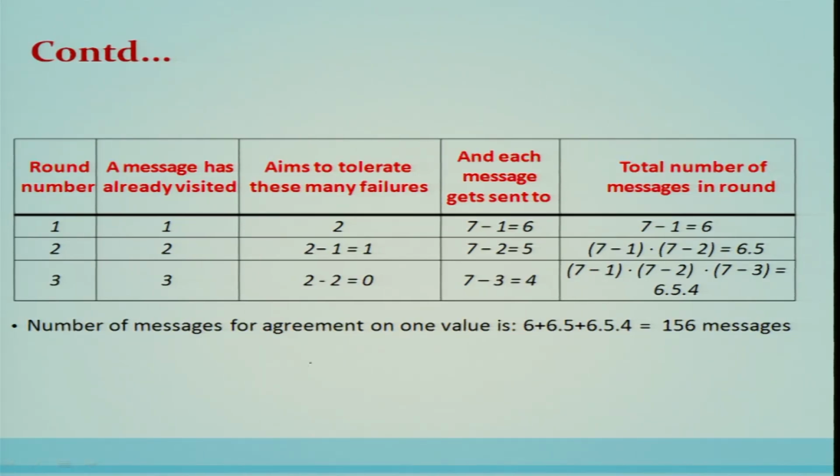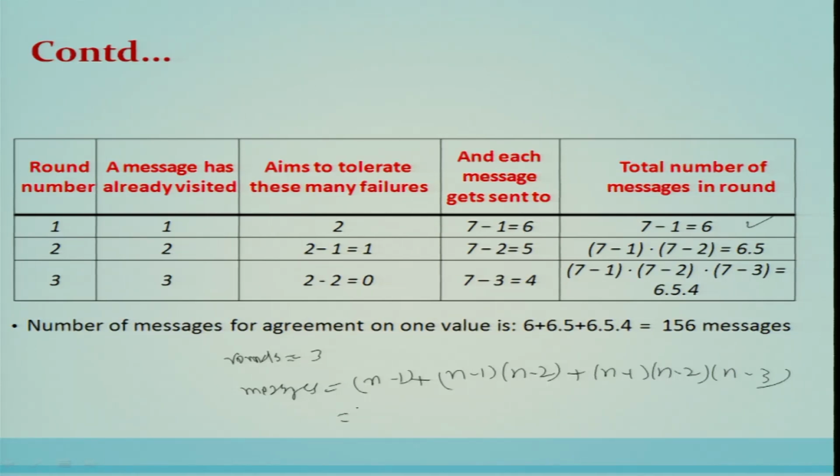So the total number of rounds, as you have seen, is equal to 3, and the messages required will be equal to (n minus 1) plus (n minus 1) times (n minus 2) plus (n minus 1) times (n minus 2) times (n minus 3).